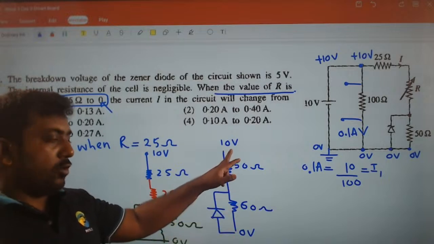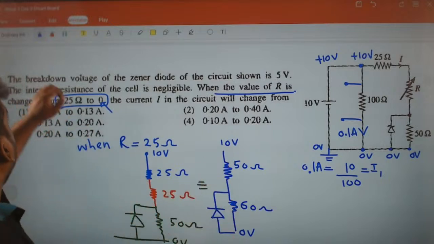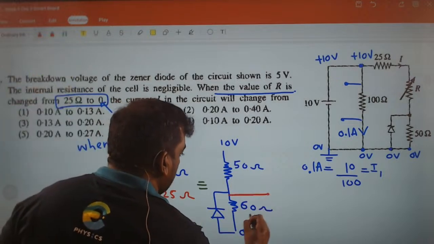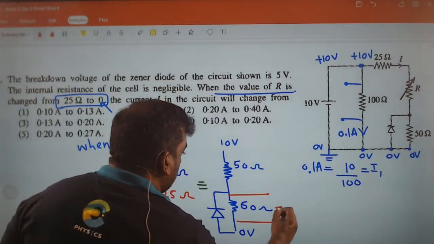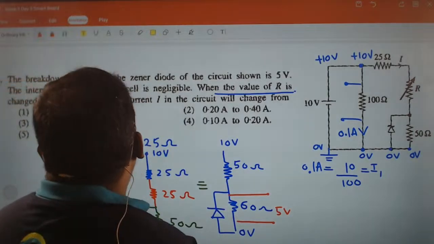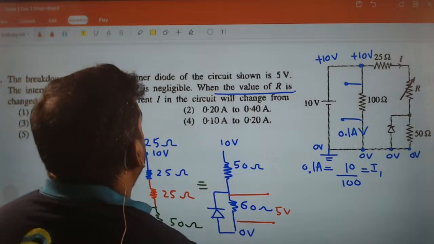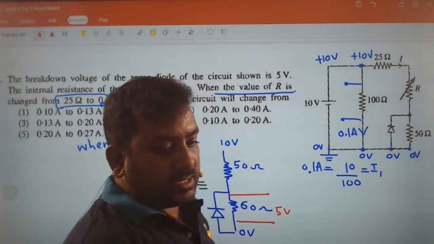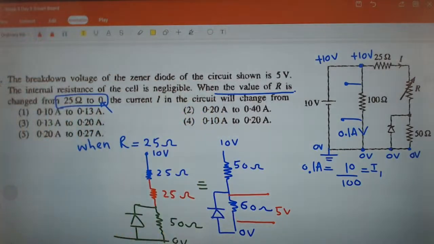What can you say about the voltage? 5 volt, 5 volt. 5 volt is here. 5 volt will be left. So 5 volt is the breakdown voltage there. Look at the voltage. Right.